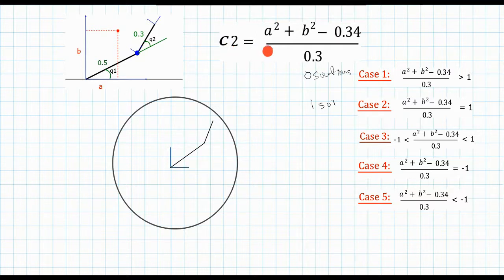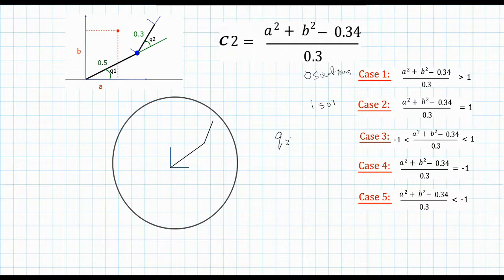But be careful, because it can be 2 pi minus the cosine inverse of this thing as well. There are two angles in the interval 0 to 2 pi whose cosine equals this. So we have two possibilities for q2. In case 3, we have two possibilities for q2.